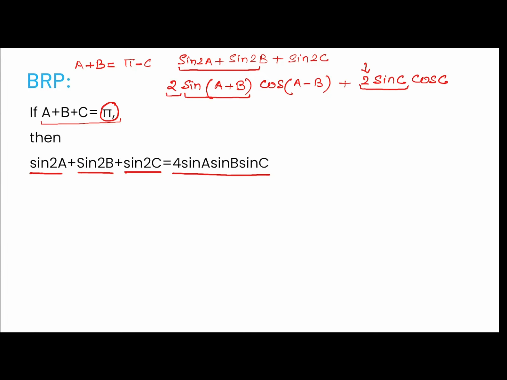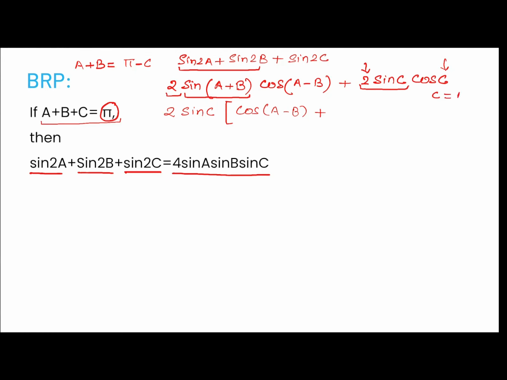So if we take twice of sin C common, inside we have cos of (A minus B) plus cos of C.